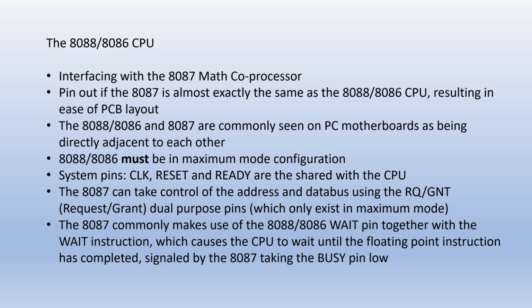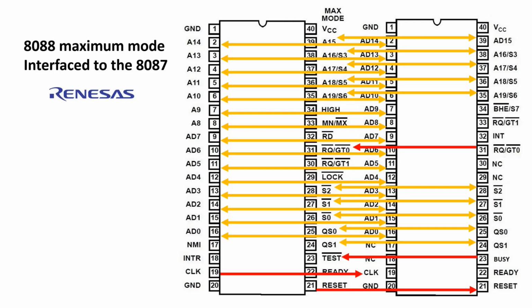So it's interesting to talk about interfacing the 8088 or 8086 with the 8087 maths coprocessor. If you look at the motherboard which I'm currently repairing, you'll see that the sockets of the CPU and the maths coprocessor are next to each other. And if we look at the pinouts of the 8087, we can start to understand why.